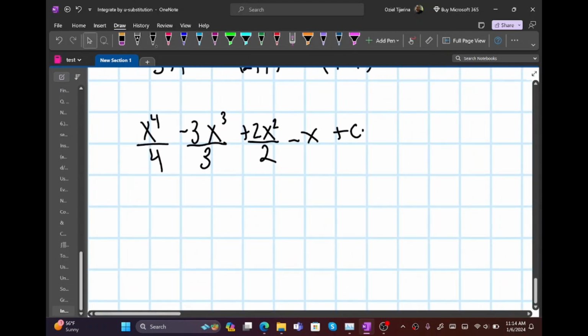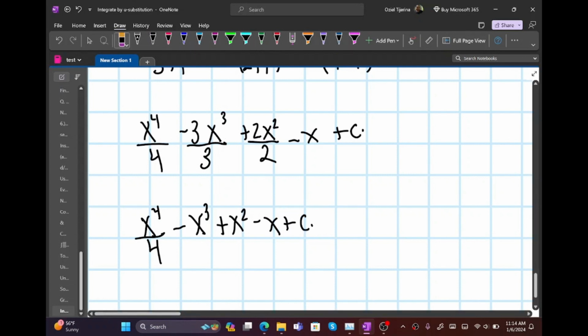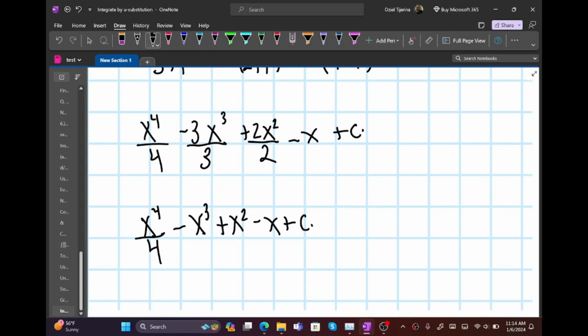Then we simplify a little more: x to the 4th over 4 minus x cubed plus x squared minus x plus our constant of integration c. You always have to add this, guys. It is very necessary when you're talking about indefinite integrals. Indefinite integrals just means that you don't have an upper and lower bound.